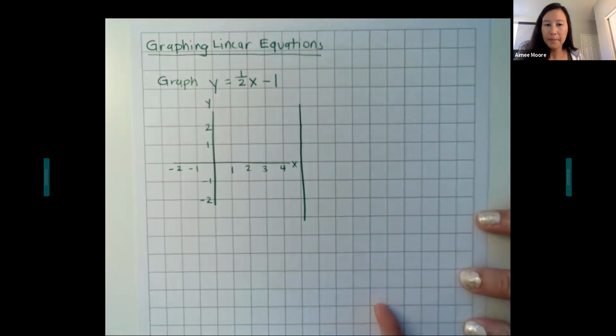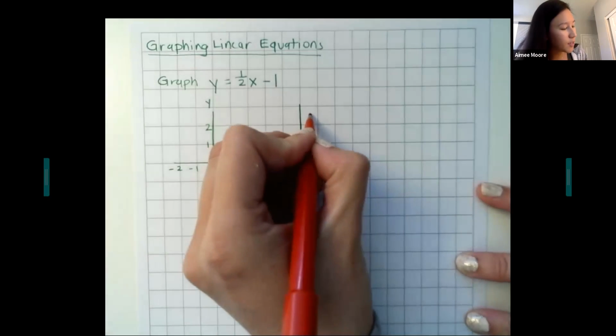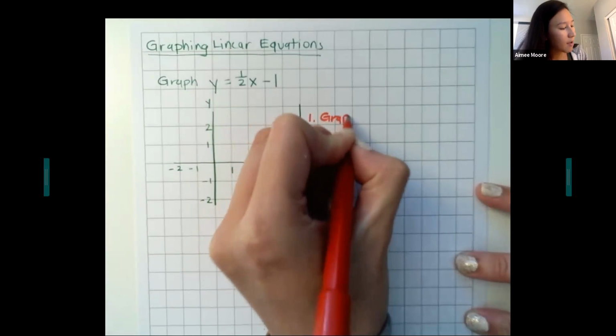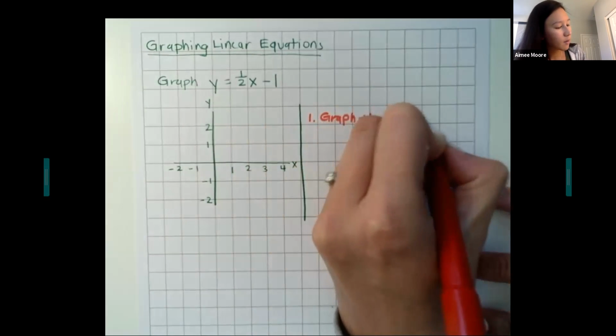Are you guys ready? Yes. Okay. Perfect. So the first thing we're going to do is graph the y-intercept.